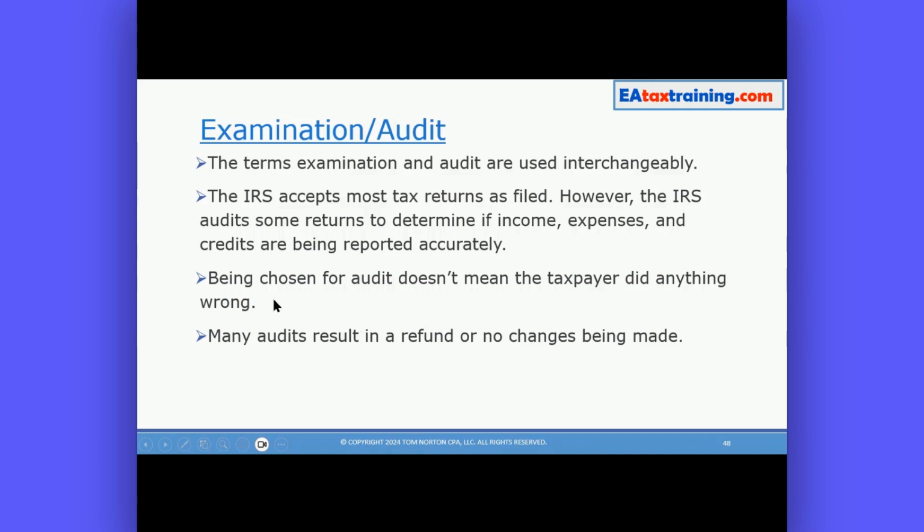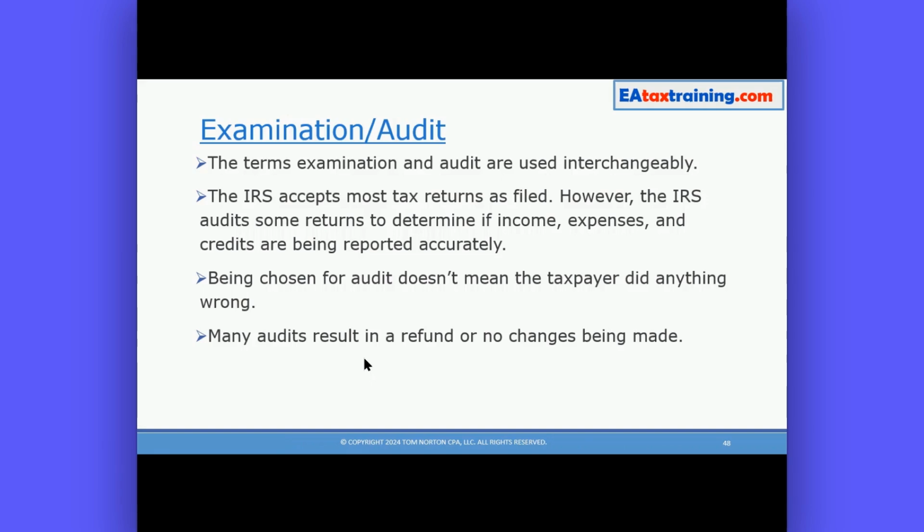Just because a taxpayer's return is chosen for audit doesn't mean that they did anything wrong. In many audits, believe it or not, this is true, many audits result in a refund or no changes being made. So sometimes people think if they're getting audited, they're automatically going to owe more money, and that's just not true. Your return might be chosen.